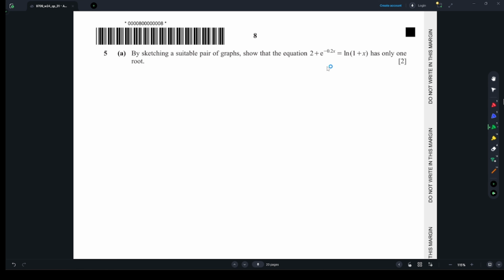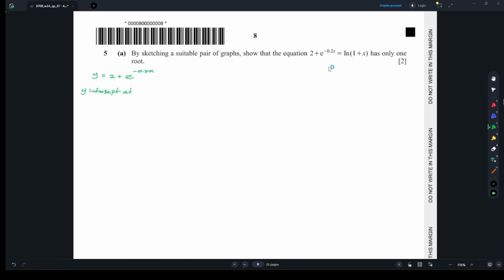So I will start with the left side. I will take the left side as y equals 2 plus e to the power minus 0.2x. When you want to draw the sketch, you should know the y-intercept.